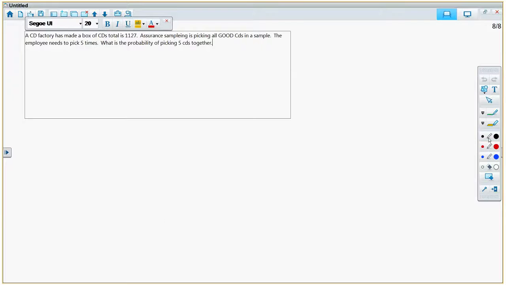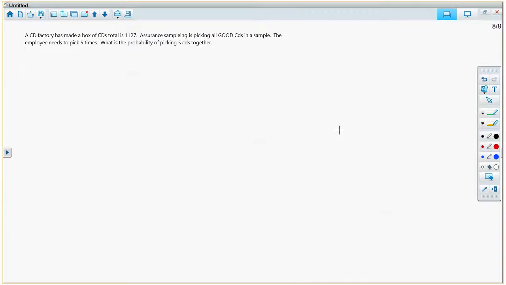Now, it doesn't say with or without replacement, but it's usually without replacement. Because once you pick a CD, you don't want to put it back in. And in this case, the application does not warrant you putting it back in. Because what are you going to do with the CD after you pick it? You're going to test it. So it'd be senseless to pick it and put it back in.